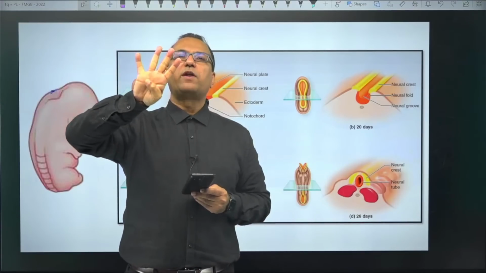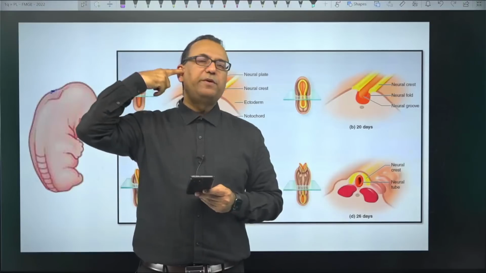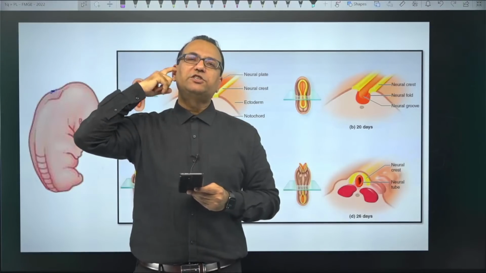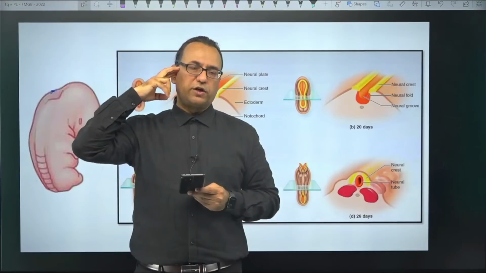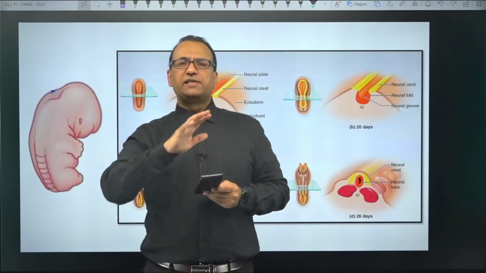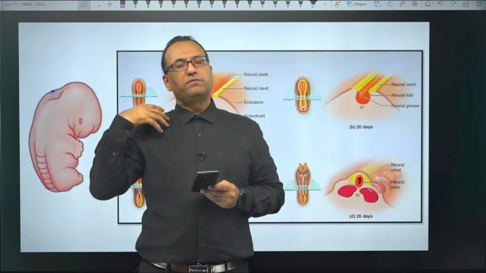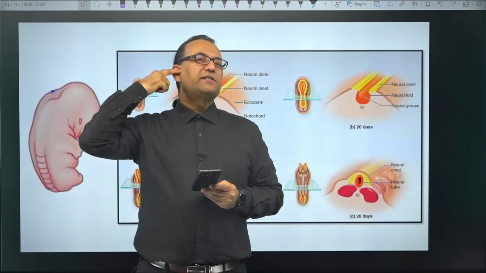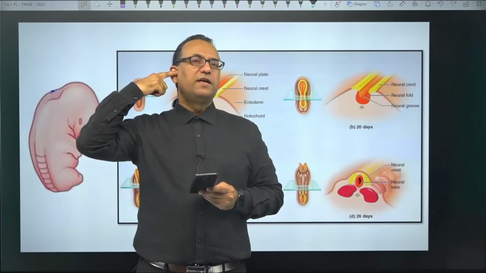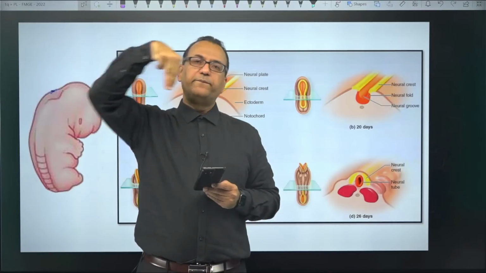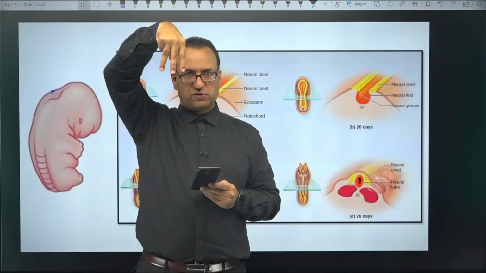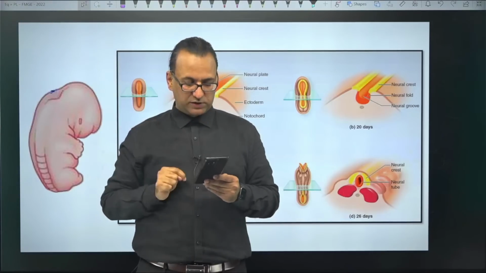Fourth example of ball and socket: incus and stapes in the middle ear cavity. So give these as examples of ball and socket. Very simply, shoulder and hip joint are ball and socket. Incus and stapes is ball and socket. Talus, calcaneum, navicular in the lower limb, foot, medial side, medial longitudinal arch is also ball and socket. That is what you asked.